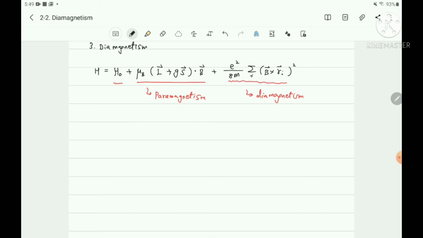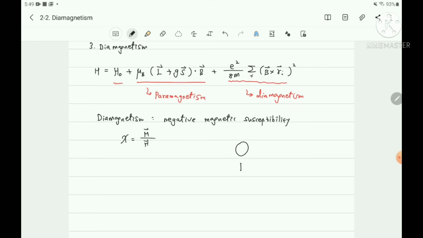What is diamagnetism? Diamagnetism means negative magnetic susceptibility. We already know that the magnetic susceptibility is M over H, by applying a magnetic field.